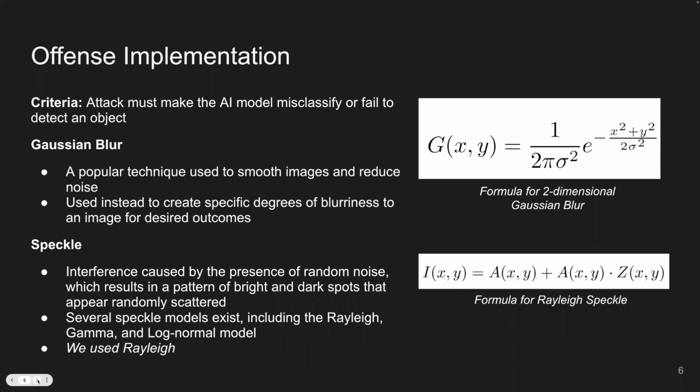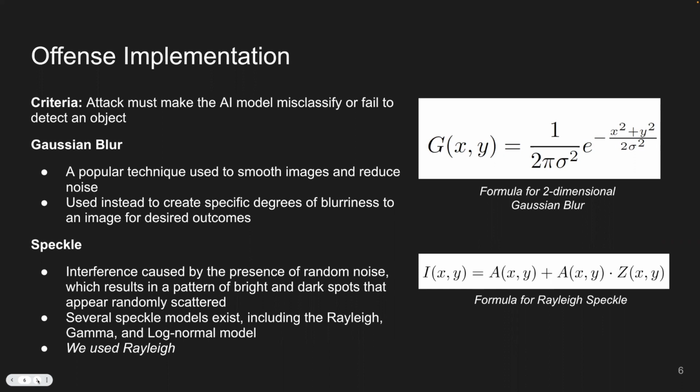There are several speckle methods that are actually commonly used in image processing, including the Rayleigh, gamma, and log normal models, but for our algorithm, we implemented Rayleigh. Looking at our second equation, the affected image is represented by I(x,y).